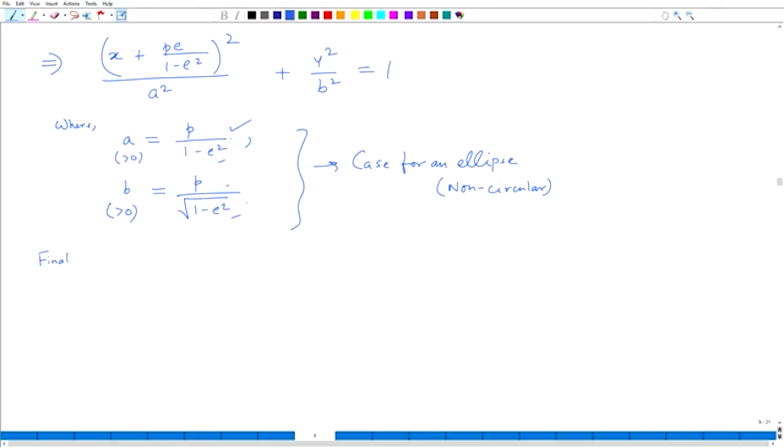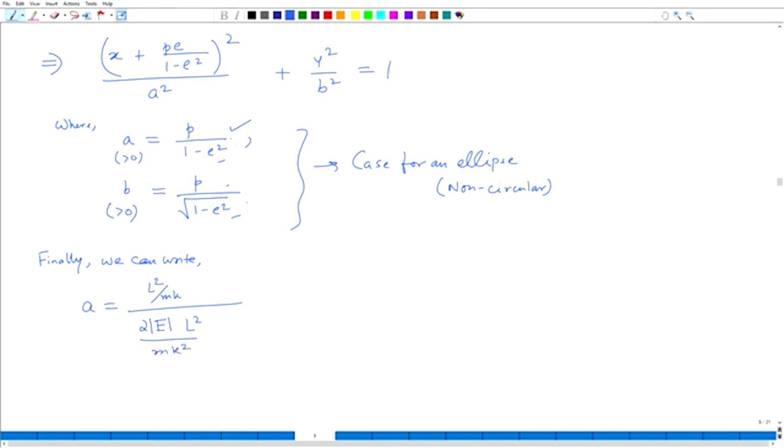If you follow the formula for P and E over here and here, then you will finally get A is equal to L square by m k, that is P, by 1 minus E square, which is nothing but 2 mod of E L square by m k square.